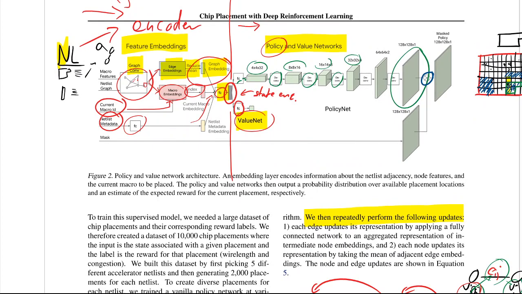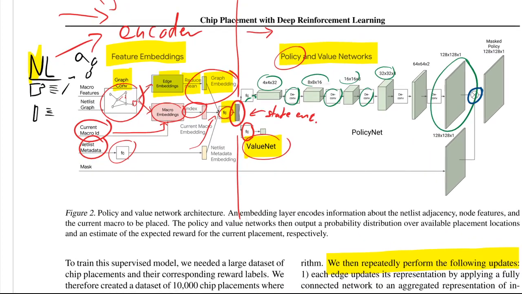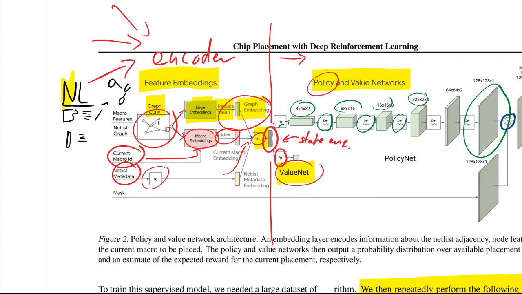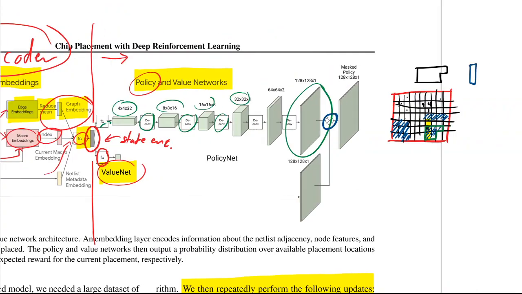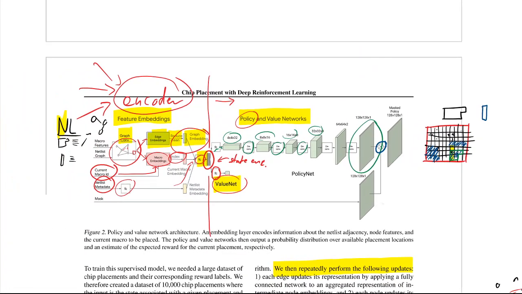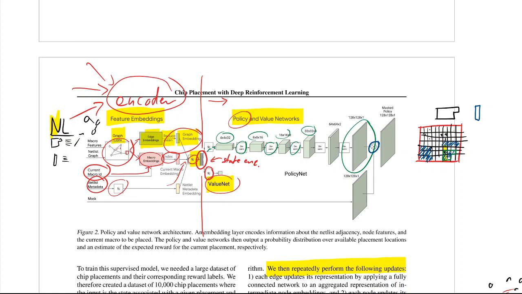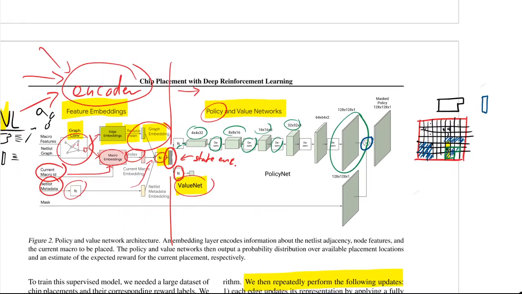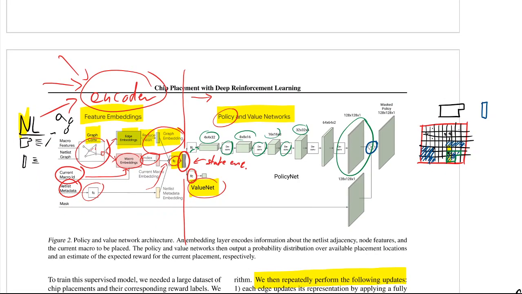Now, they do pre-train this encoder part right here. And the encoder part, it's also kind of circular. First of all, they just generate a giant list. So they take this chip here and they just run a policy network that is maybe not super optimal, but they just run it a bunch of times in intermediate states, and they pre-train the encoder to predict the final reward for each of these placements, or sorry, the wire length and congestion and so on.